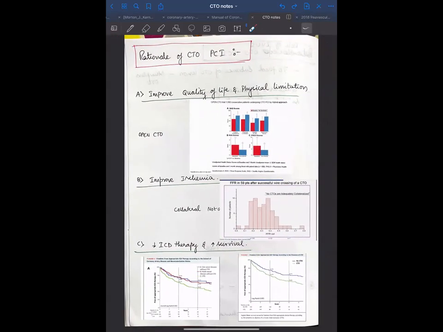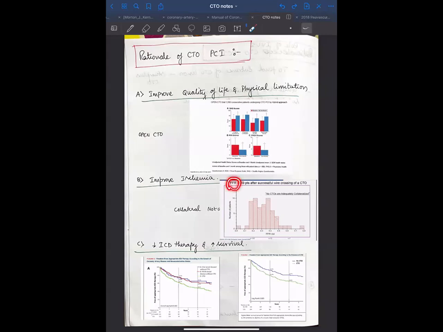And also, it is a very common notion to say that it is a very well collateralized vessel. So leave it. It is already naturally collateralized. Why do you want to do a PCI? For that kind of scenario, Werner et al., who described the collaterals, actually did FFR after successfully crossing the CTO.